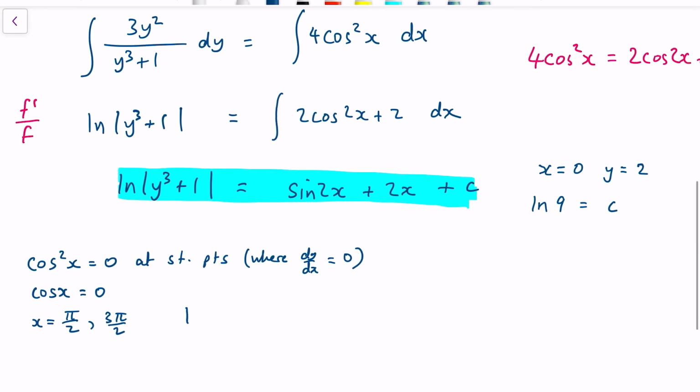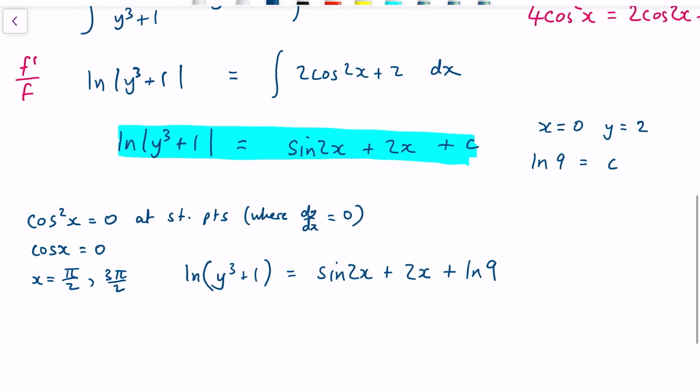So we end up with ln of y cubed plus 1, I don't need the absolute value symbol because we're dealing with positive y values, equals sine 2x plus 2x plus ln 9. And then we just need to sub in the 2 x values into that equation and rearrange them.